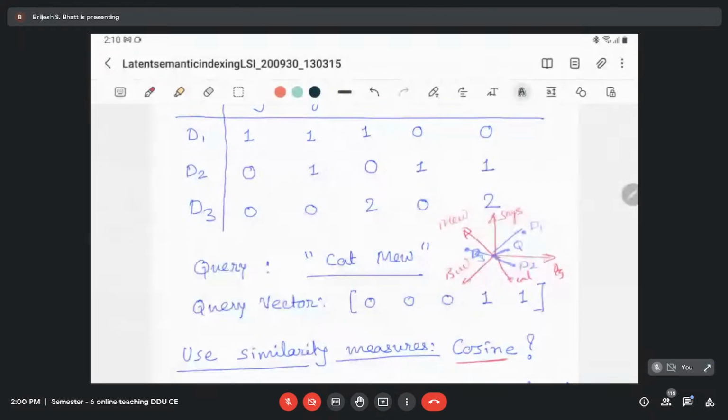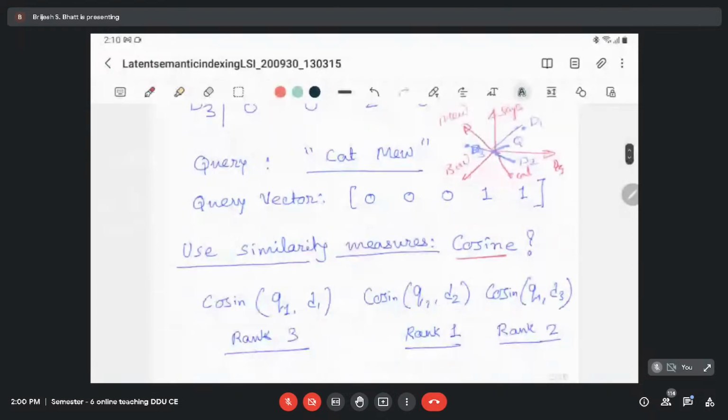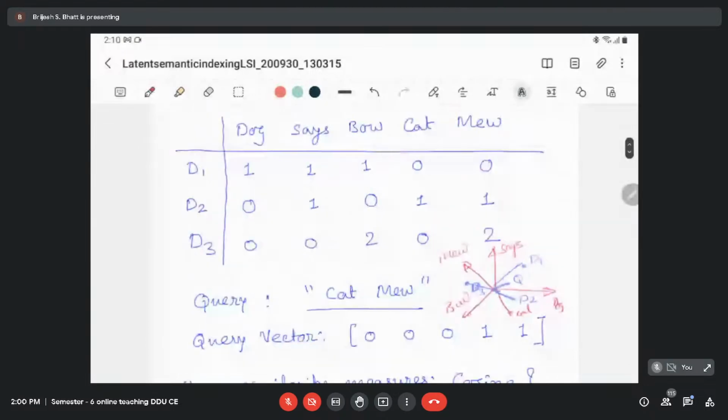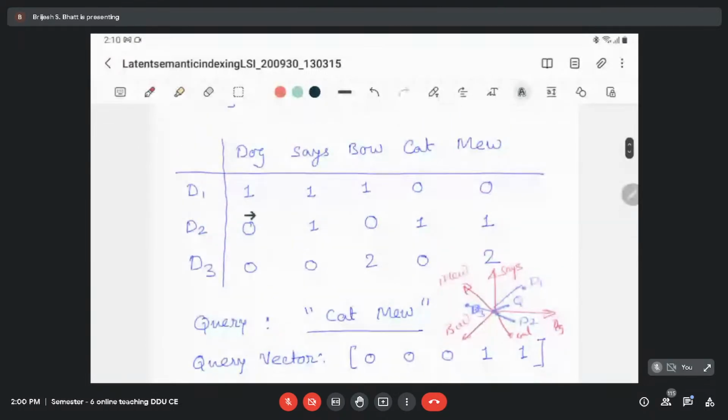So D2 and Q cosine similarity will be maximum. So using cosine similarity, you can rank D2 as top rank, D3 as second rank, D1 as third rank, because nothing is matching in D1. Cosine similarity between D1 and Q is 0.